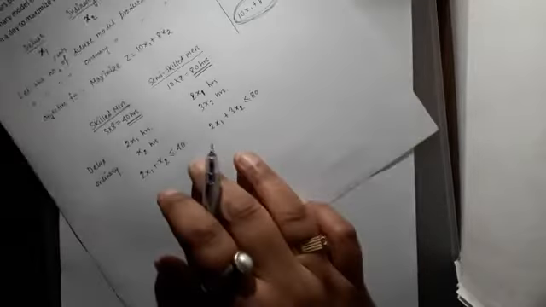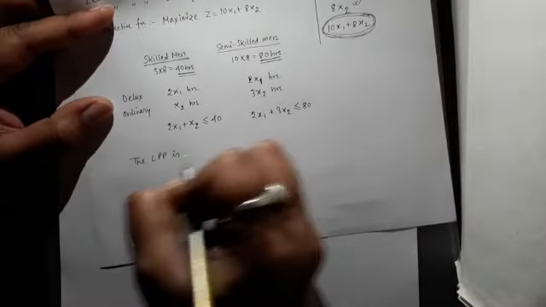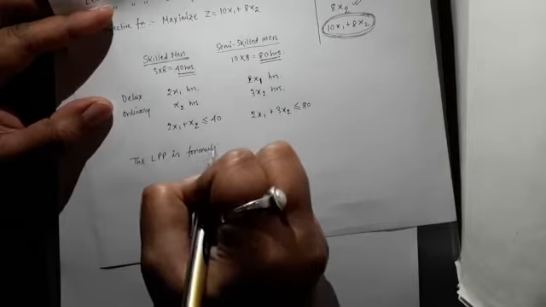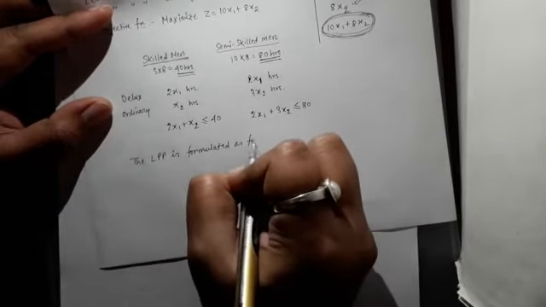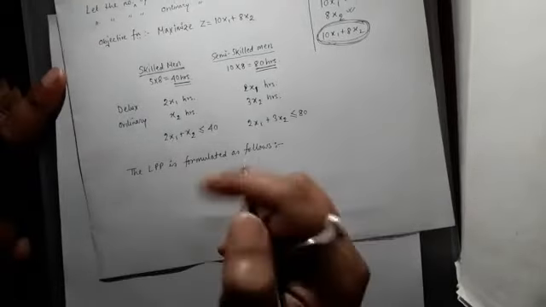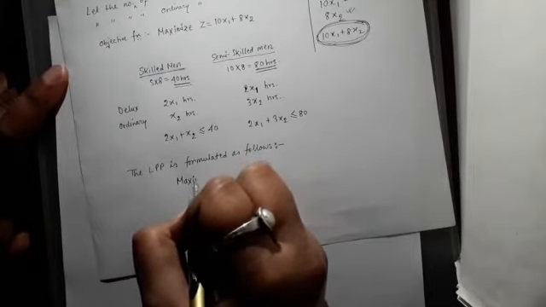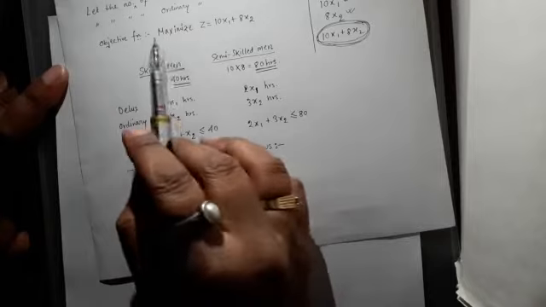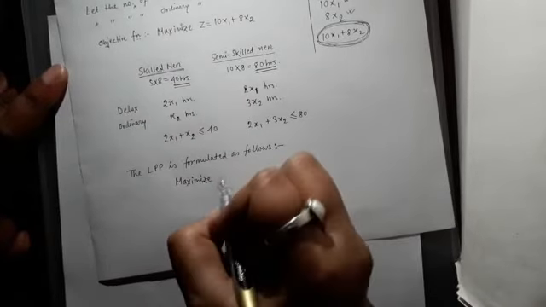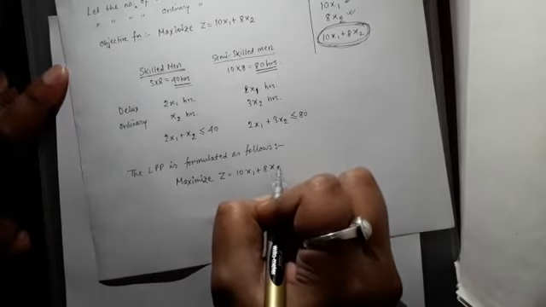So first write: the LPP is formulated as follows. First you write the objective function, maximize. This is our objective function, which we already have formulated. Maximize z equals 10x1 plus 8x2.